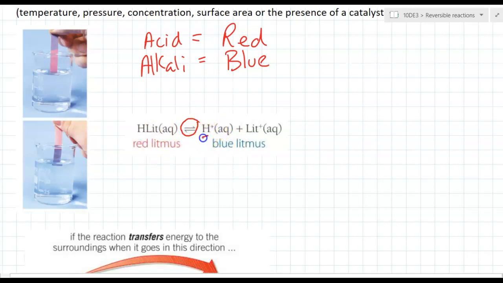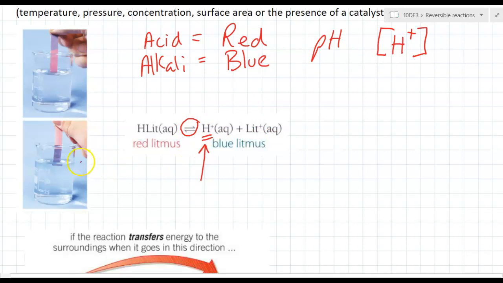We already know that if you see that, hydrogen ions are what makes things acid. Remember, the pH scale is measuring the concentration of hydrogen ions, and this reversible reaction here is showing that when the litmus is tagged on with the H, it will be red, and if the H is floating about and the litmus is on its own, it will be blue.